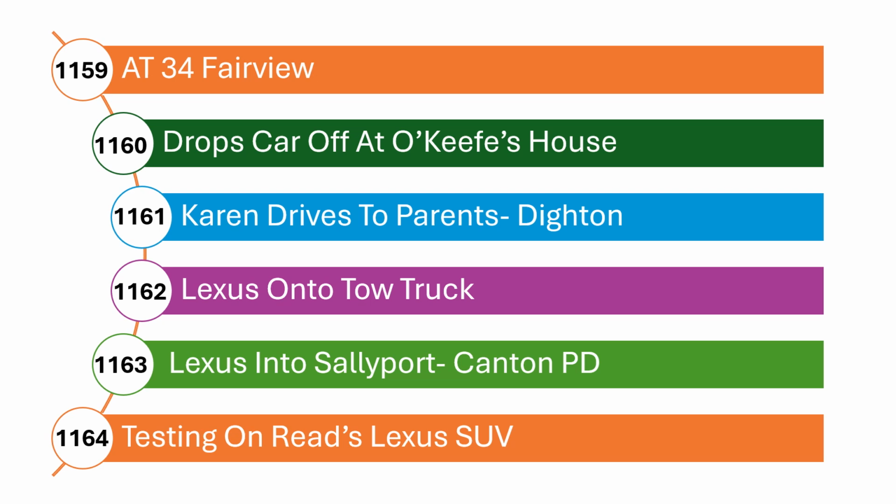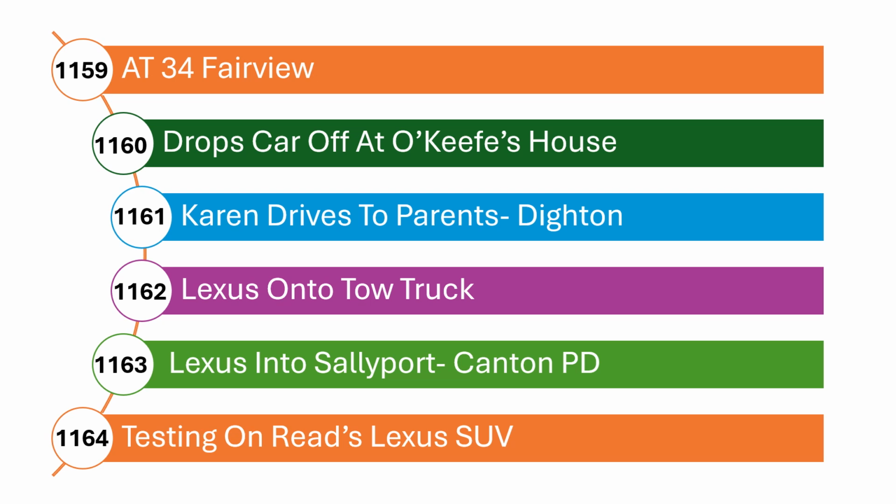But this would put it at 1159 key cycle: Karen's SUV was at 34 Fairview, dropping John O'Keefe off at the Alberts' home. 1160 would be Karen Reed leaving John O'Keefe's house at that 5 a.m. video, hitting his Chevy Traverse, going to Jen McCabe's, and coming back and dropping the car back off at O'Keefe's house.